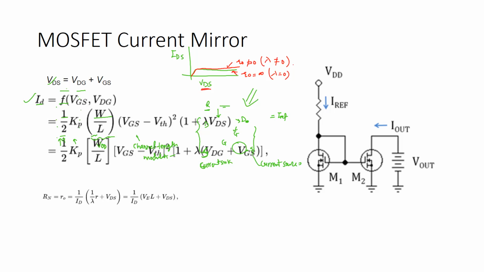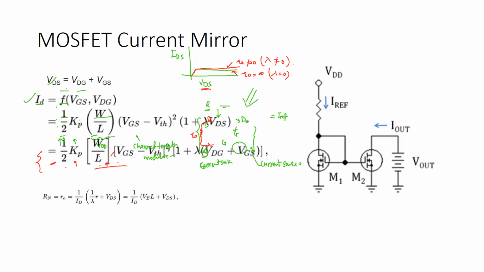This is how an output resistance is basically the resistance between drain and the source pin of the MOSFET. Now, the expression for the output resistance RO is given as 1 over ID in bracket 1 by lambda plus VDS, which can be simplified to 1 by ID, (VE times L plus VDS). VE is the fitting parameter, L is the channel length.